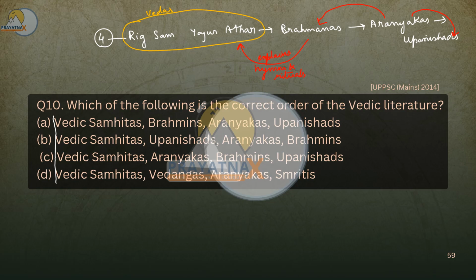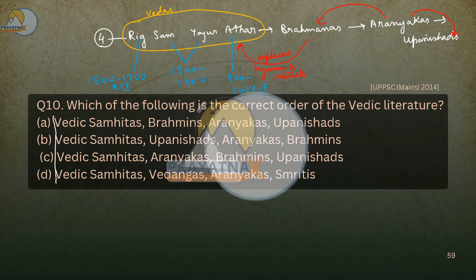Now, if we briefly talk about the dates, Rig Veda is the earliest and it is believed to be composed during 1500 to 1200 BCE, whereas Samaveda and Yajurveda around 1200 to 900 BCE. Atharvaveda was a later addition composed around 900 to 800 BCE.